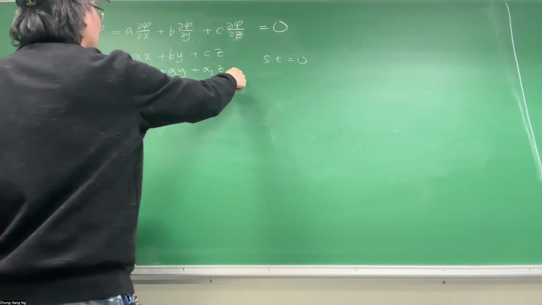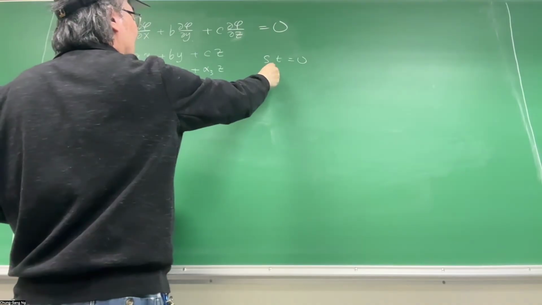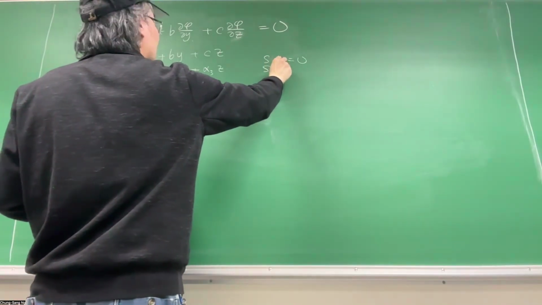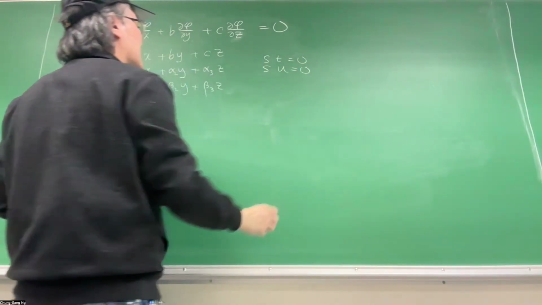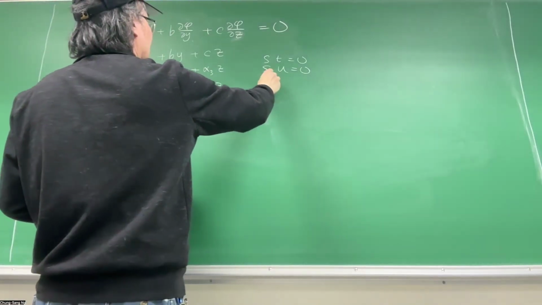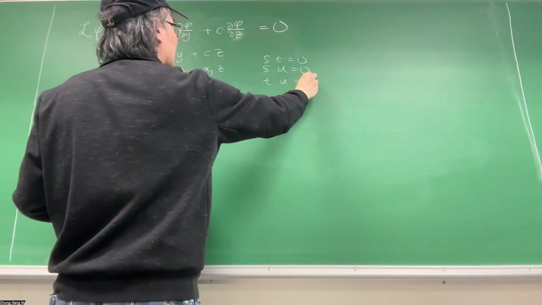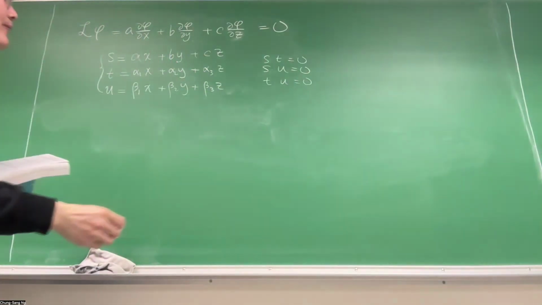Again, the requirement will be S dot T is 0, treating the x, y, z as unit vectors, and then S dot U is 0. And an extra condition you can impose is U dot T is also 0.